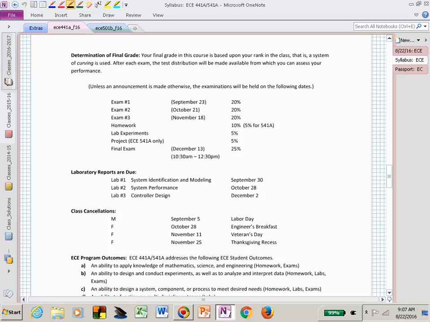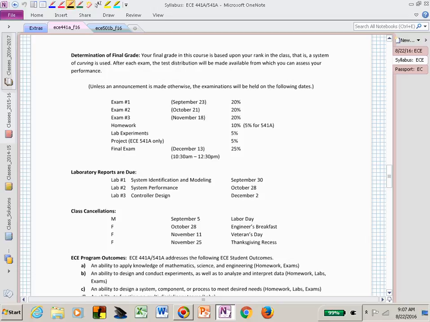It will be helpful that you either perform the lab or at least do the pre-labs prior to each exam. And the exam dates are listed. Hopefully those will work out for everyone.